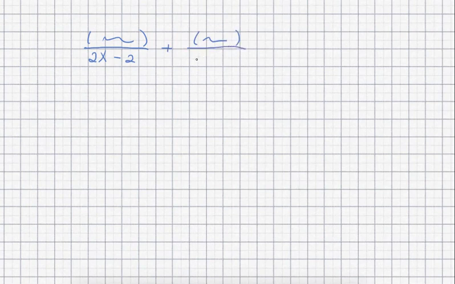Here we have 1 minus x squared. And that's going to be equals to, let's just try something else. Let's do 2x squared minus 3x.